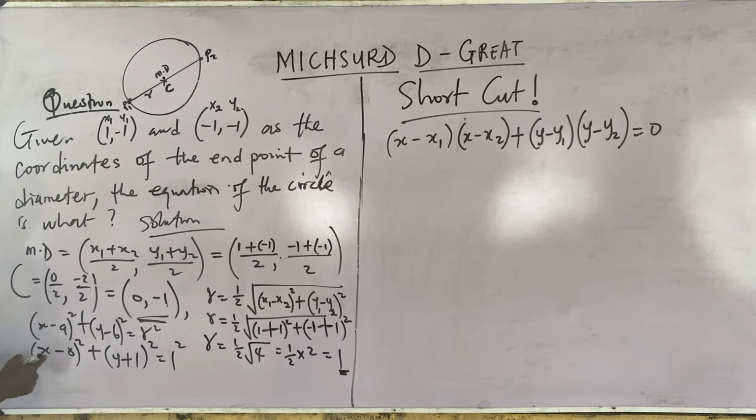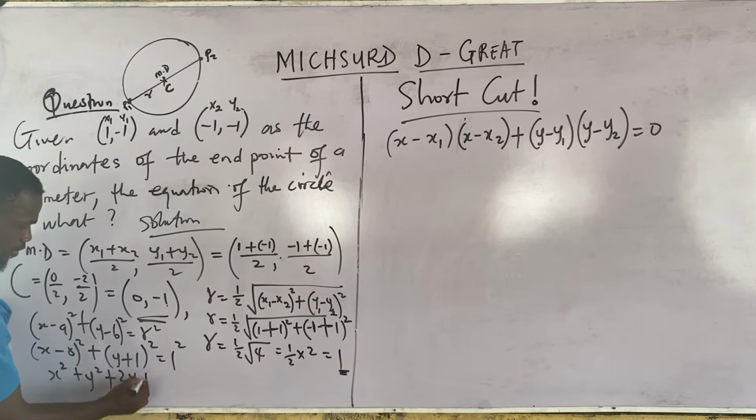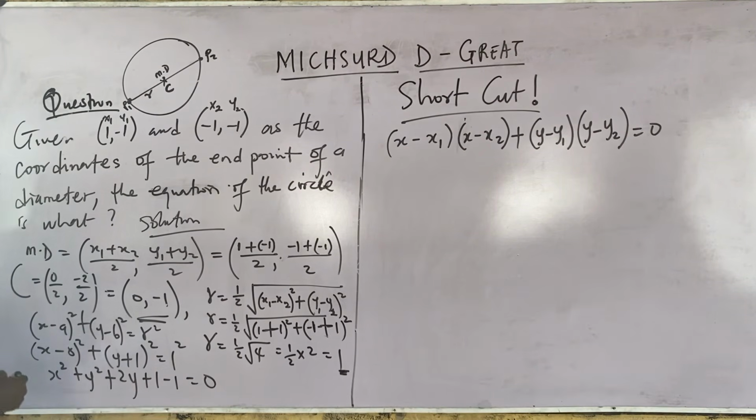So if we are to expand, x minus 0 is x, so x squared will be here. And expanding this, we have y squared. This will multiply, and this will multiply, and we'll be having 2y. Then 1 times 1 will give us 1, and we have 1 here. So if this one crosses over, it becomes minus 1 equal to 0.